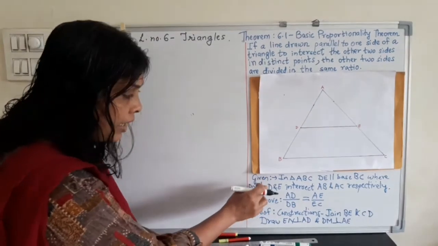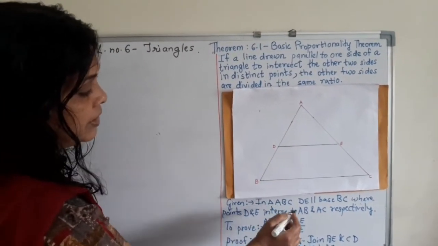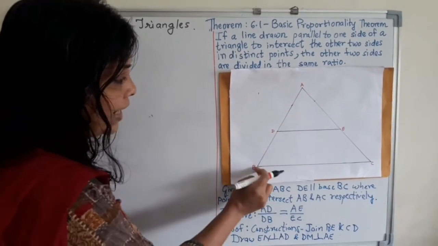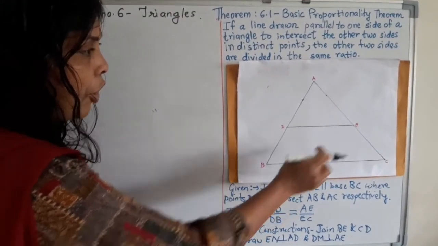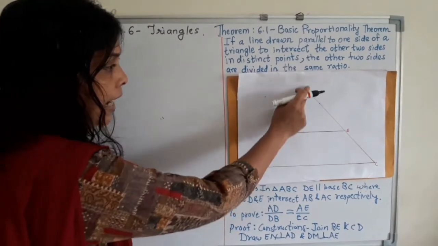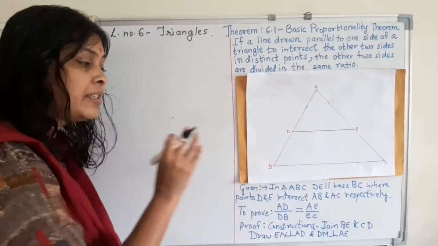I have written that in triangle ABC, DE is parallel to base BC, where point D and point E intersect AB and AC respectively. So these things are given.